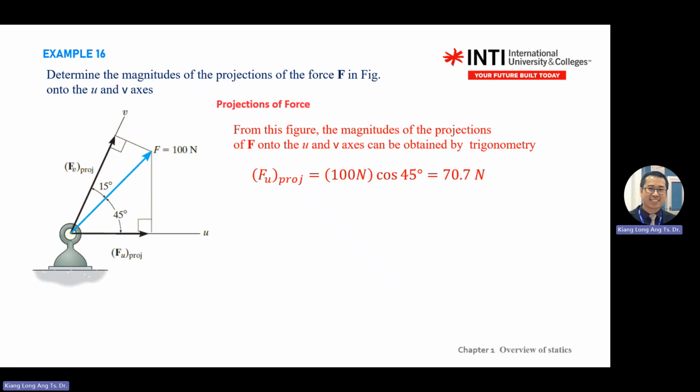I assume you already know, so you do the same. F sub V projection equals, and this diagram gives you 90 degrees already. So nice. So what is the F sub V projection, sine or cos?